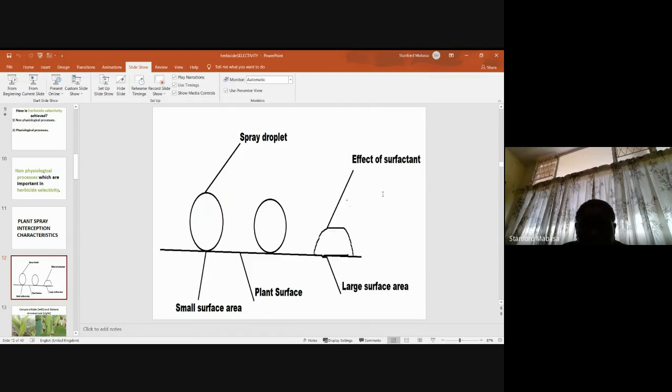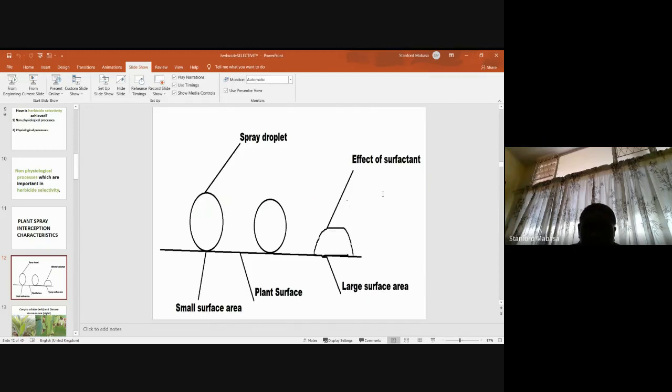So let us look at the surface of a leaf. If we spray the droplets, now the point of contact with the leaf surface is very small. So we've got a small surface area. And these droplets can easily roll off the plant surfaces.